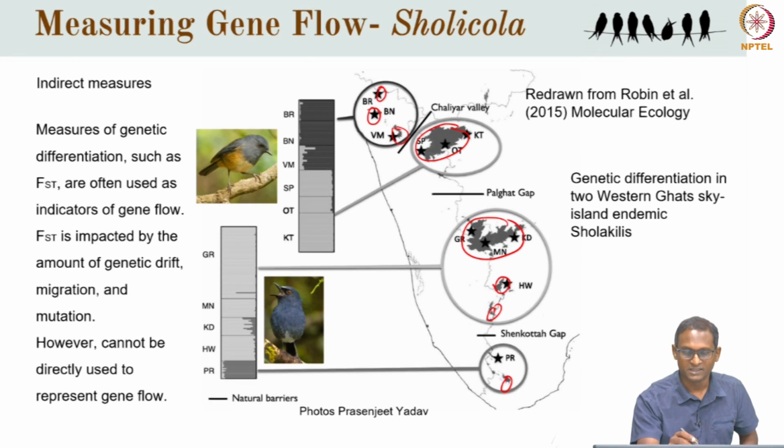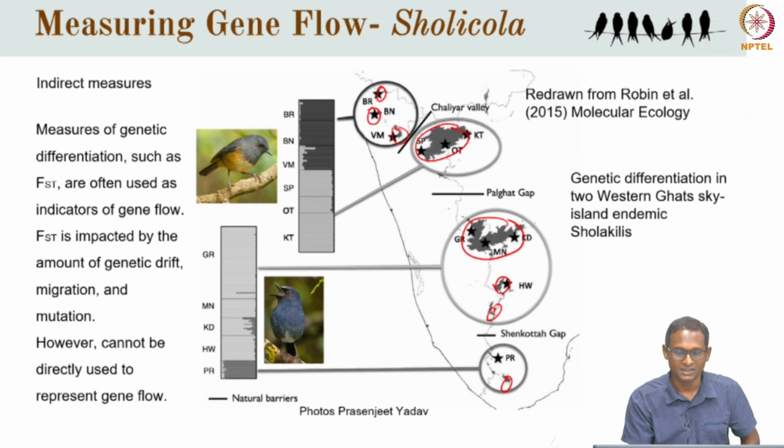And you can see here that this is the north, all of these are the north, and of course we know that Palghat Gap is a big barrier, so there is almost 5 million years divergence between the two, so that's why they are represented in different plots altogether.